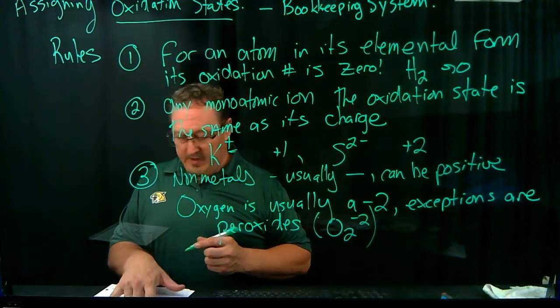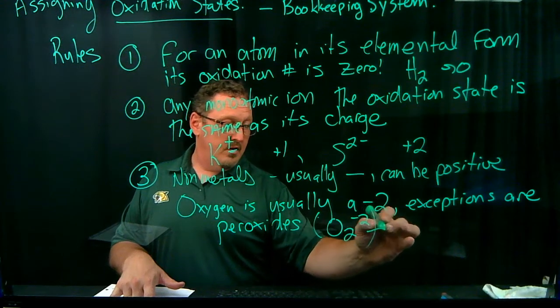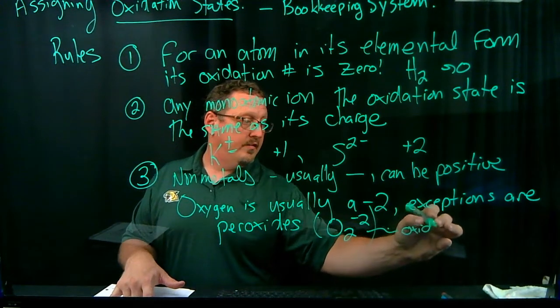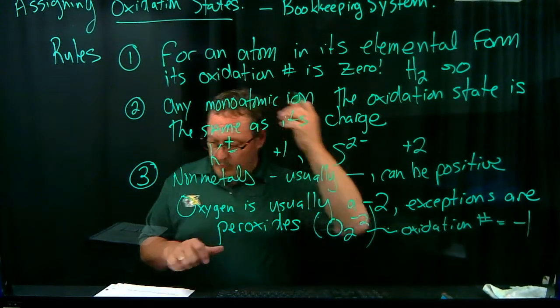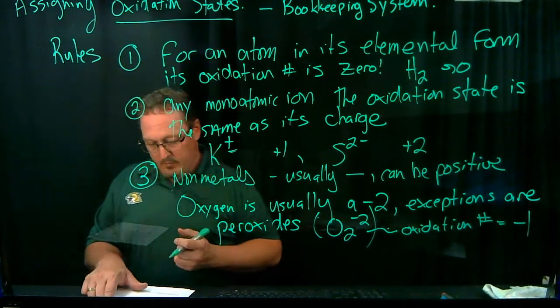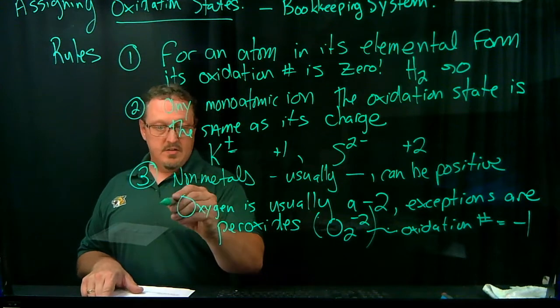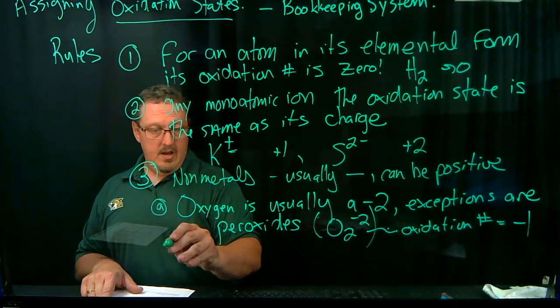And in its case, its oxidation number is a -1. Okay. So that's oxygen. We're going to call this point A.